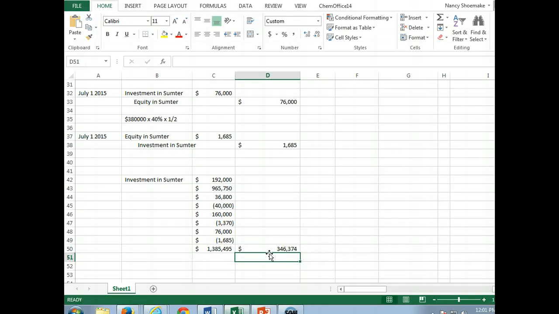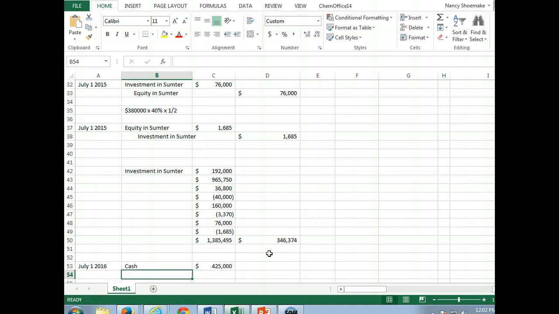Does that make sense? So we will show the sale on July 1st, 2016. We'll show we received in cash $425,000. We will get rid of our investment in Sumter by crediting it $346,374.